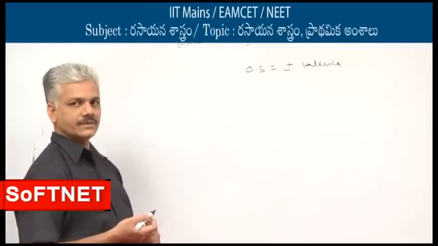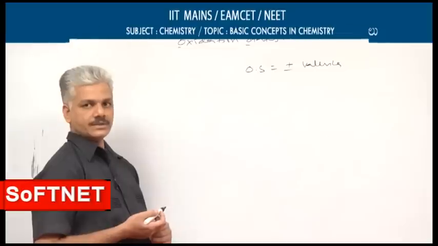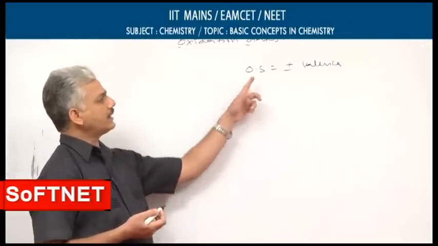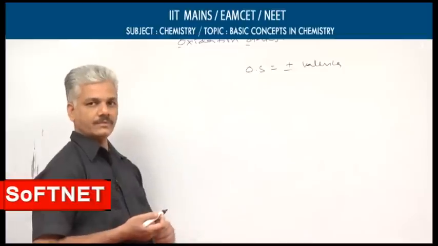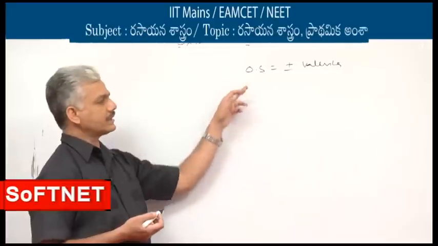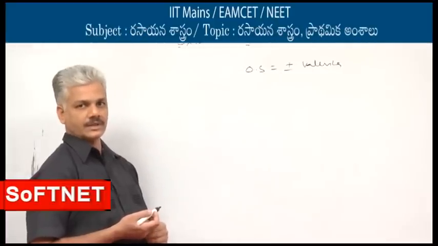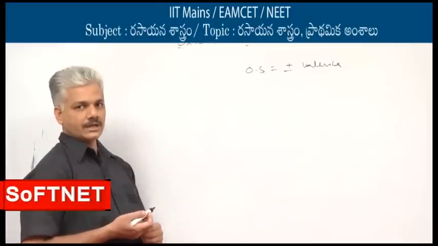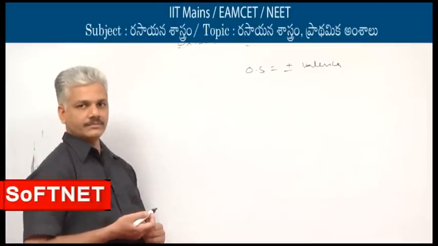Whereas the elements with a lower electropositivity value or higher electronegativity value gain electrons during the formation of a compound. Hence, their oxidation state is represented with a negative sign. These oxidation state values are calculated by following some rules.